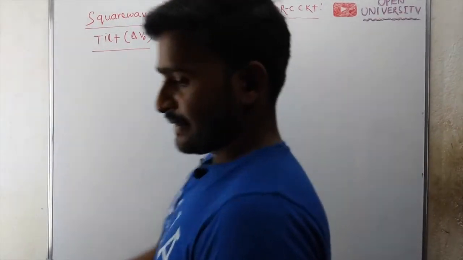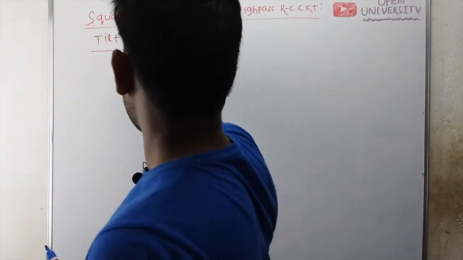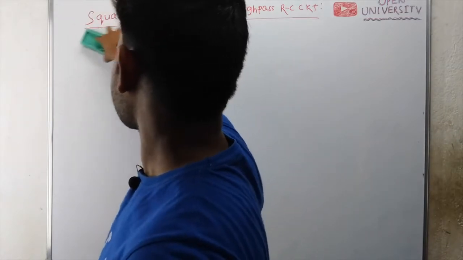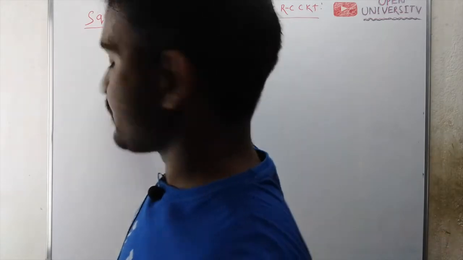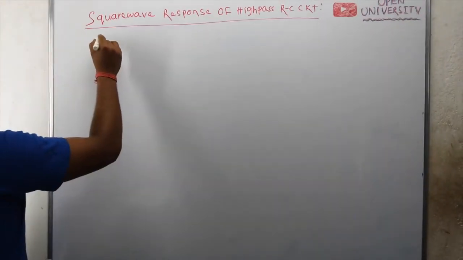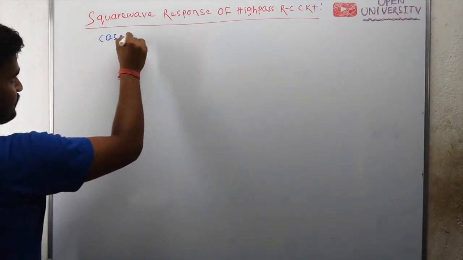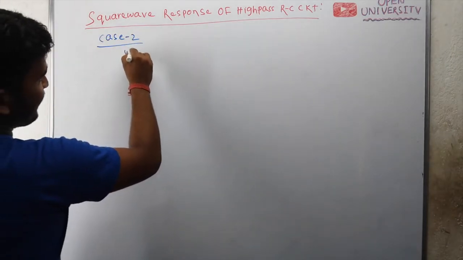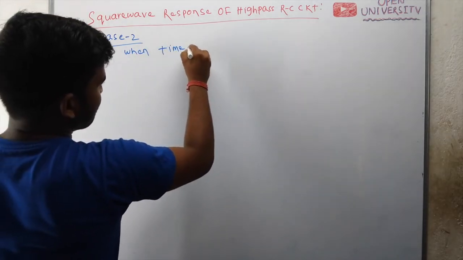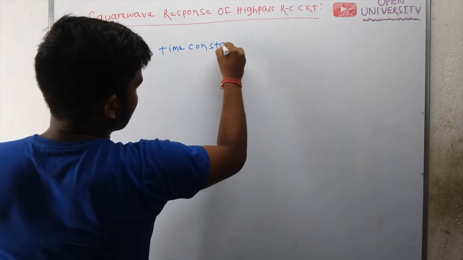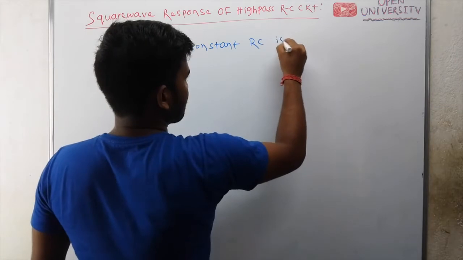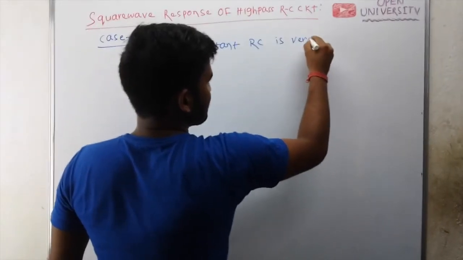Then move to case 2, that is the square wave response of your high pass RC circuit when the time constant RC is very small.